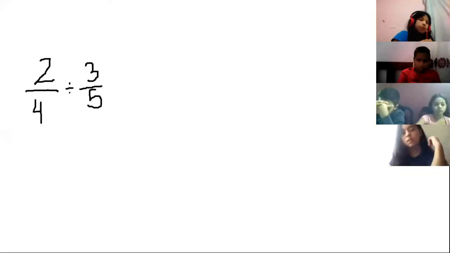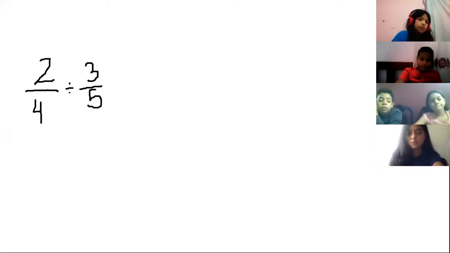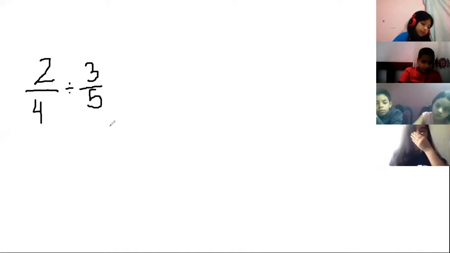Okay, we have our division here. 2/4 divided by 3/5. If you remember, to make this the reciprocal way, is to change the division fraction and pass the 5 as numerator and the 3 as denominator, right?